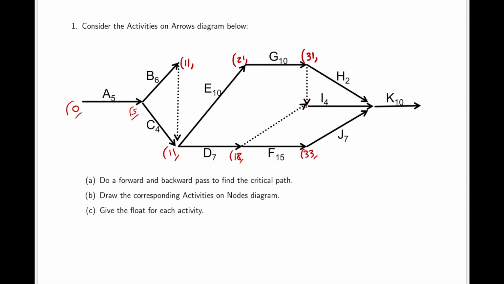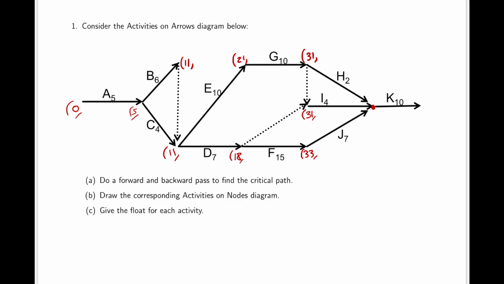We can now analyse this node here. Now to reach this node, there are 2 dummy arrows. So this will be 18 plus 0 or 31 plus 0. The earliest time we can reach those is the maximum out of those, which would be 31 plus 0. So the earliest time we can reach this is time 31. Now we can reach this node.